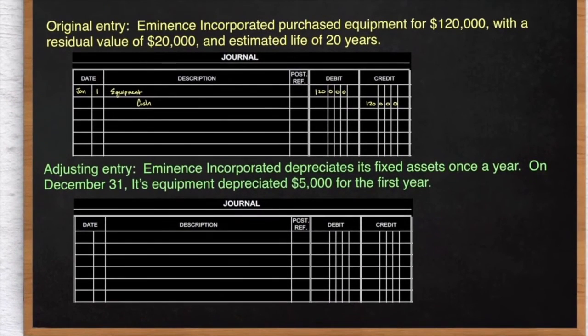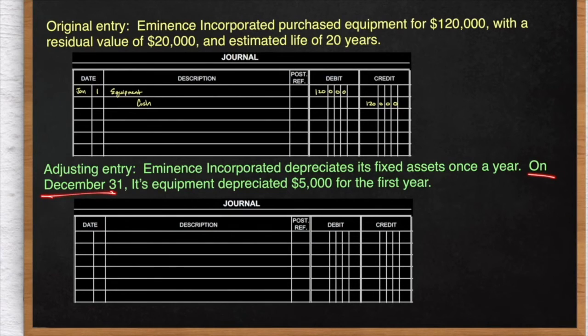Now, usually I would say that it's the end of the month or the end of the accounting period, but in reality, in real life, fixed assets are actually depreciated once a year. So here, Eminence Incorporated depreciates its fixed assets once a year. Not once a month, but once a year.